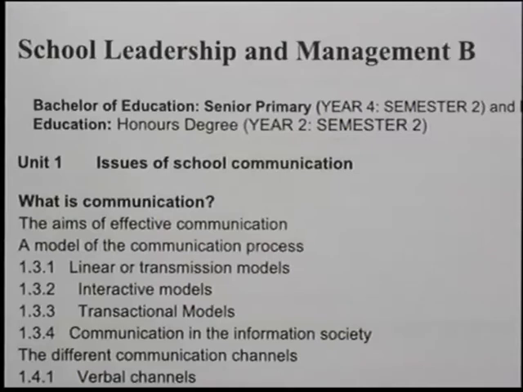So let us discuss a bit about the course School Leadership and Management B. For those who are doing it, you did A already, so you have fundamental understanding about School Leadership and Management.